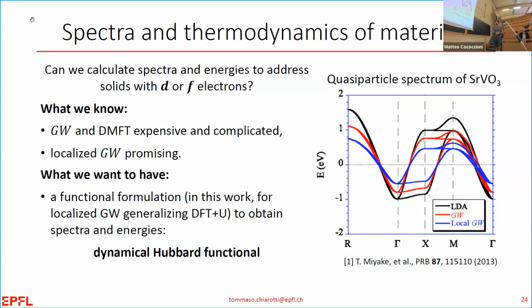And then we understood instead that localized GW, which I will explain a bit, yields promising results, for example for tungsten vanadate, and here you can see the quasi-particle.